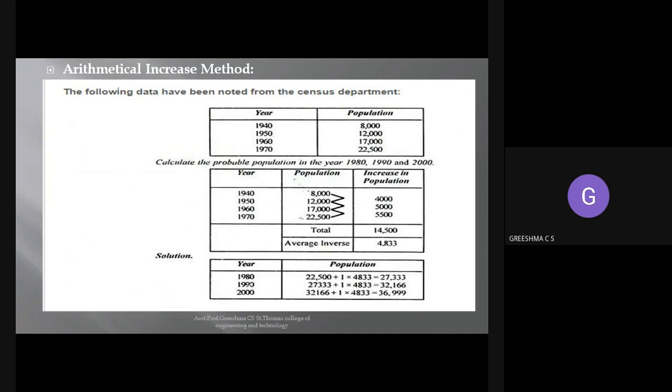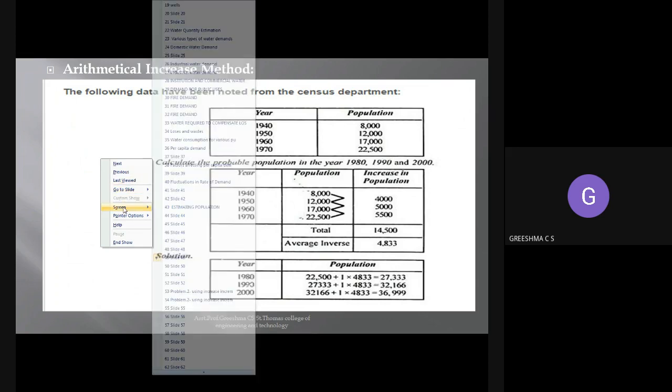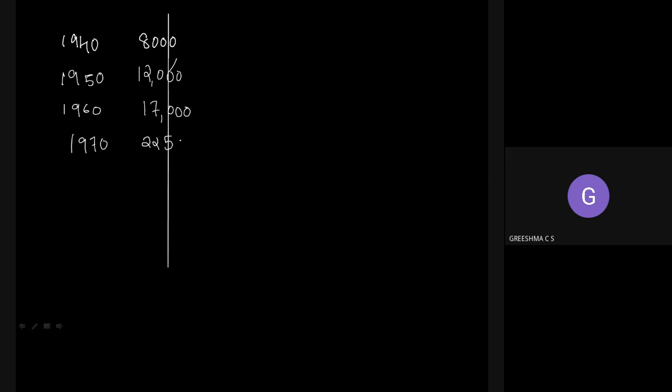So directly I'm going to the problem. In 1940 the population is 8,000, in 1950 the population is 12,000, in 1960 the population is 17,000, and in 1970 the population is 22,500.